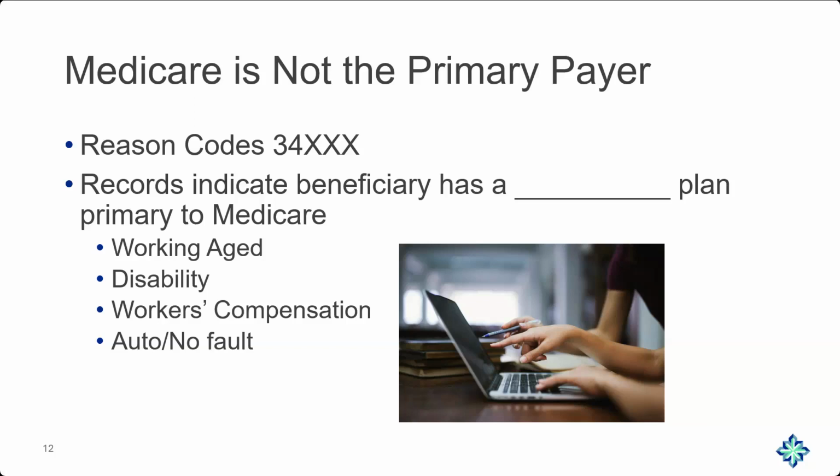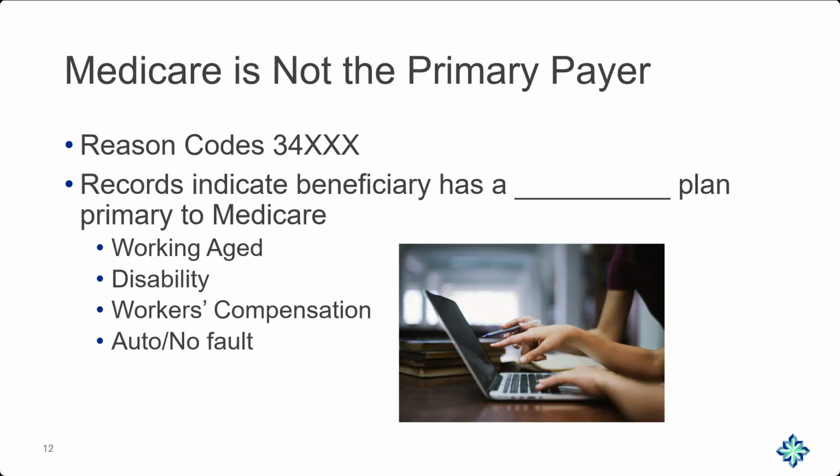The drivers and the reason code spans or ranges. So anything that starts with a 3-4 has something to do with another insurance. The rest of the digits are going to vary depending on the type of insurance that the patient's record is showing as active and possibly primary to Medicare. So that's why I used the X's rather than list them all out.